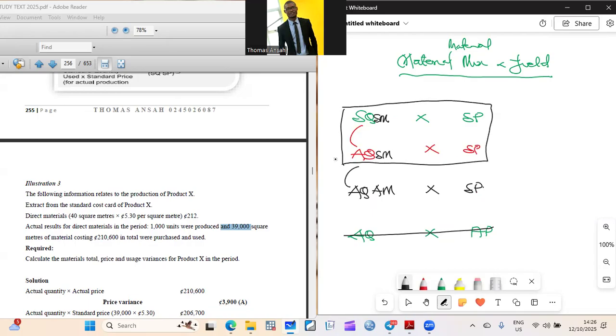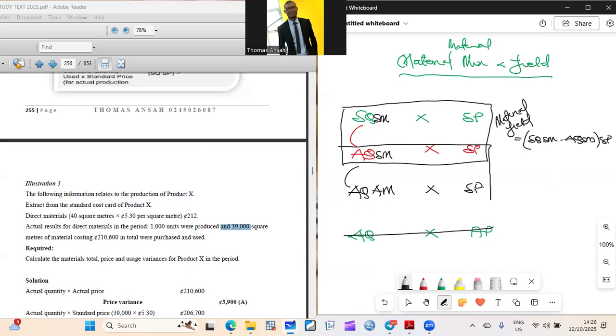So these two are the things we will derive the next formulas from. The material yield variance will therefore be (SQSM - AQSM) multiplied by standard price.